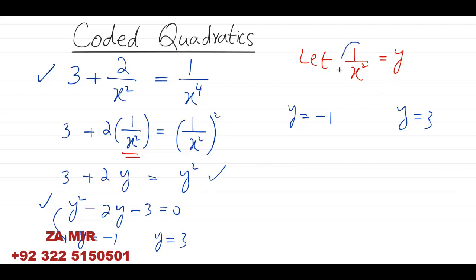Here y was 1 over x square. So we will substitute 1 over x square is equal to minus 1. By cross multiplying, x square will be minus 1. And as we know that a square cannot be negative, this is invalid.